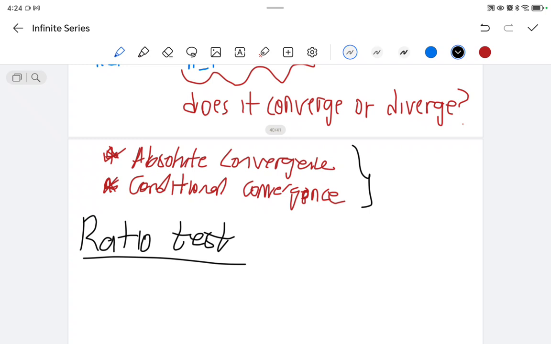Another word for the ratio test is the D'Alembert test. These guys are crazy, isn't it? You must just know that this word means the ratio test. Let me write it here. D'Alembert. Yes, I think it's the D'Alembert test.